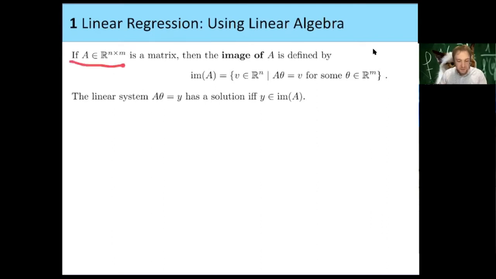So we will do it now a little bit more general, not just a theta of size 2. Our matrix A will be an n by m matrix. And I'm sorry, in the homework we use m times n matrices, but I want to use an n times m matrix here because n usually corresponds to the number of training examples.